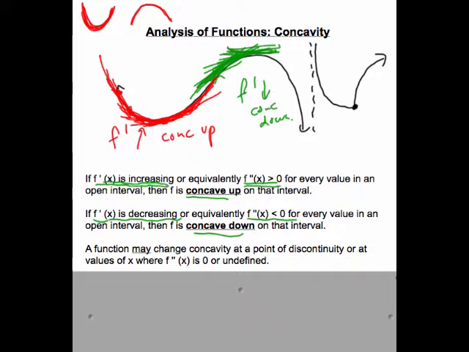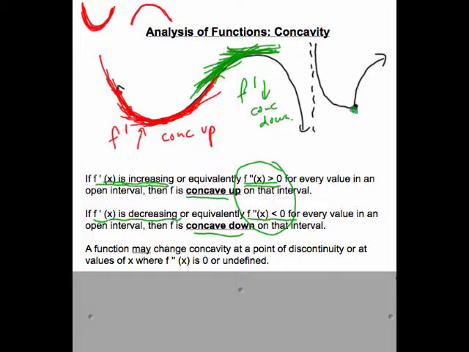When may concavity change? It may change, obviously, when the second derivative is zero, because that would be a transition point between a positive or negative second derivative. It might occur when you've got a second derivative which is undefined.